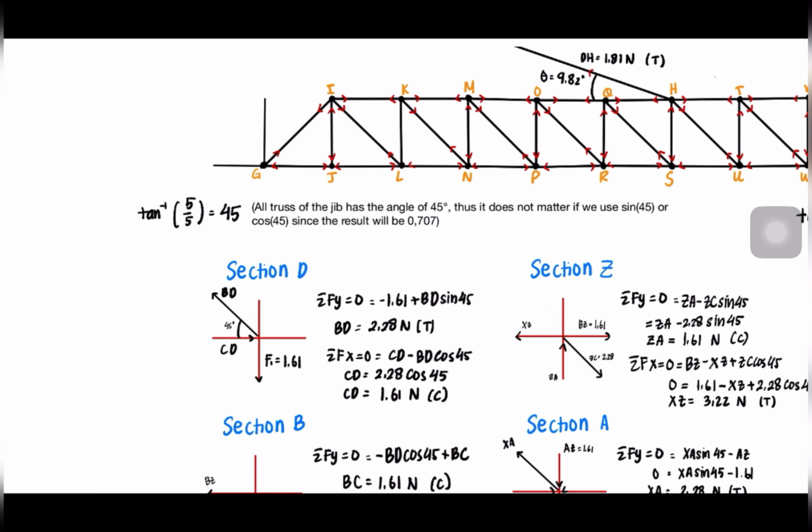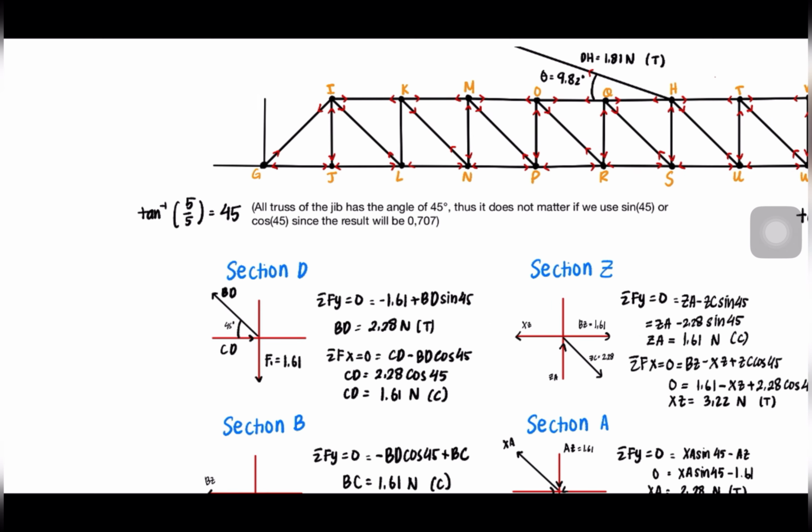Okay, before we start, we need to find the angle first. For this angle, since our height and our width are the same, which is 5 and 5, we can use tan inverse 5 over 5, which is 45, since 5 over 5 is 1, and tan inverse 1 is 45 degrees.